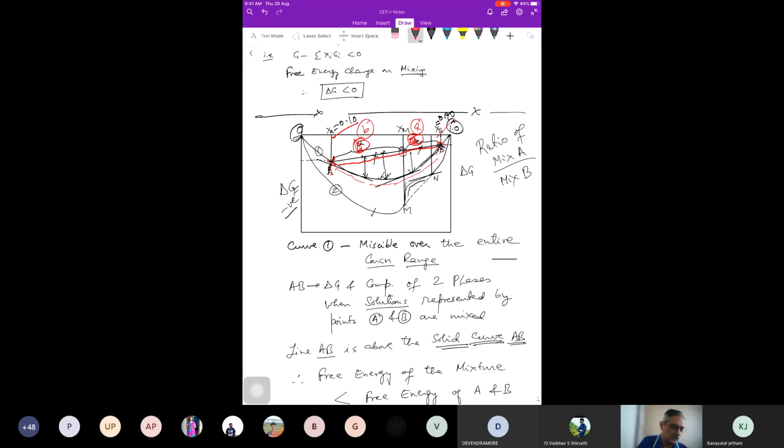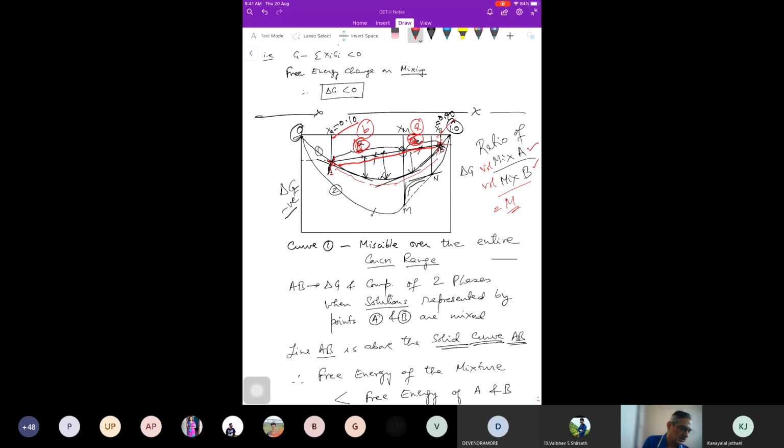So depending on this ratio of volumes of A and B, the composition of M will change. But this M is always going to be above this curve. यहाँ पर जो line है, it is above this curve. So delta G of mixing A and B is always going to be negative because it is above that.